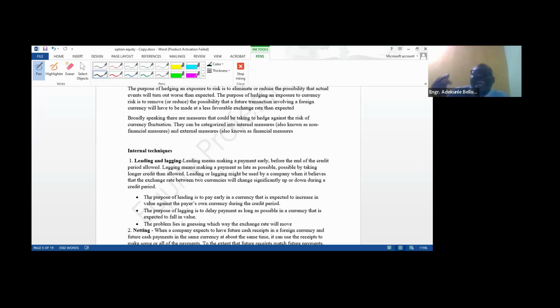Your expected foreign receipts can be used to offset your foreign payments, provided both transactions are in the same currency.